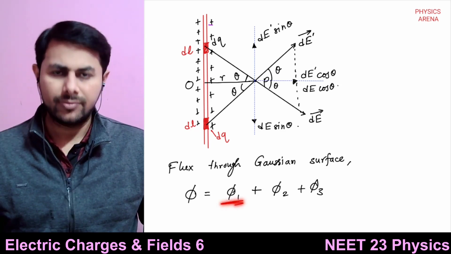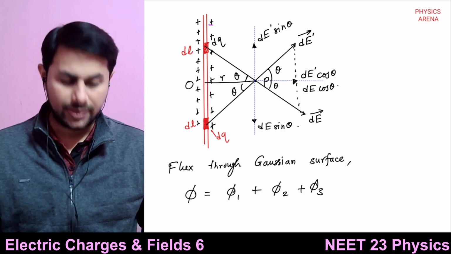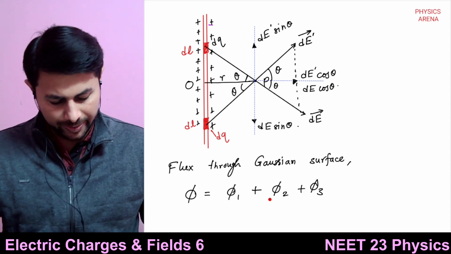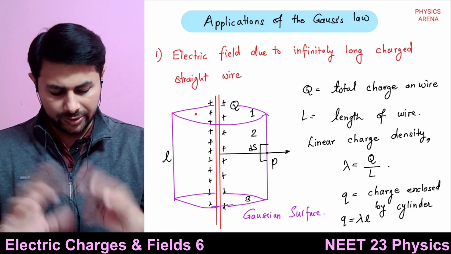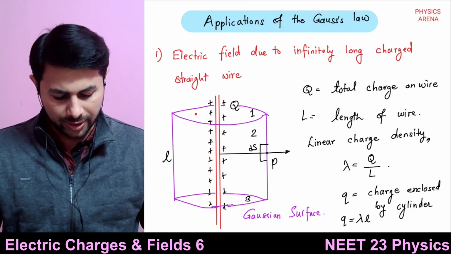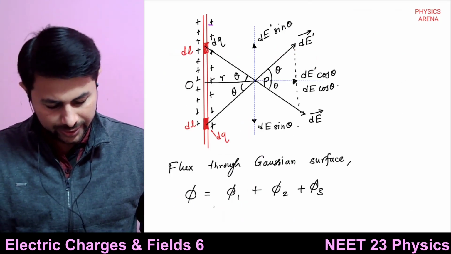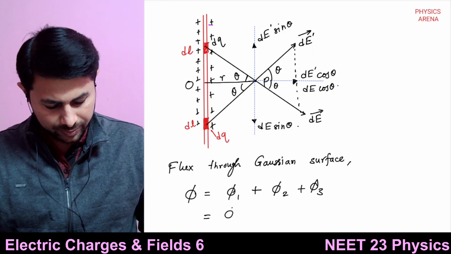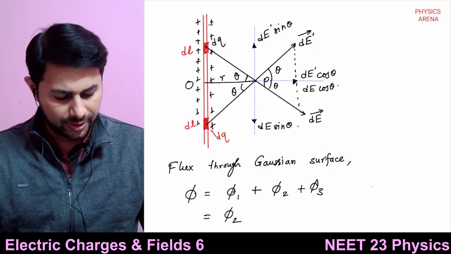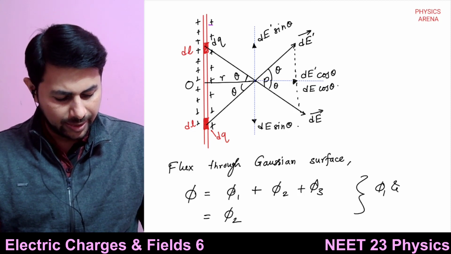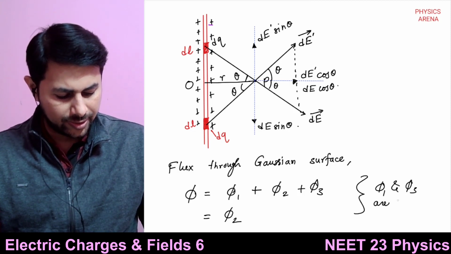Phi 1 is the flux through the top surface, phi 3 is the flux through the bottom surface, and phi 2 is the flux through this curved surface. The flux through surface 1 and 3 is 0, as we have discussed. So it will be phi 2 only, since phi 1 and phi 3 are 0.